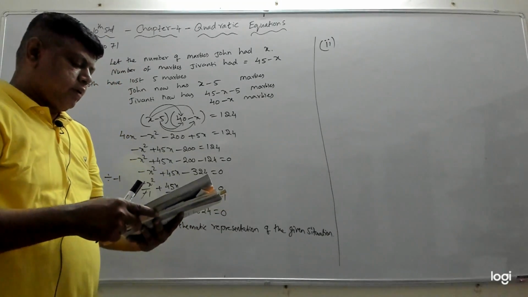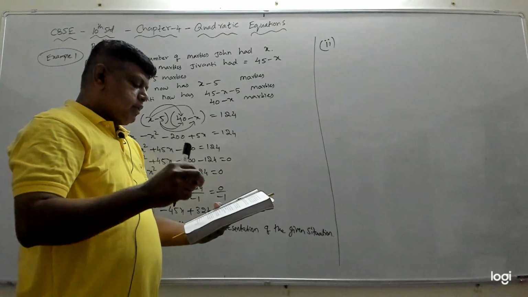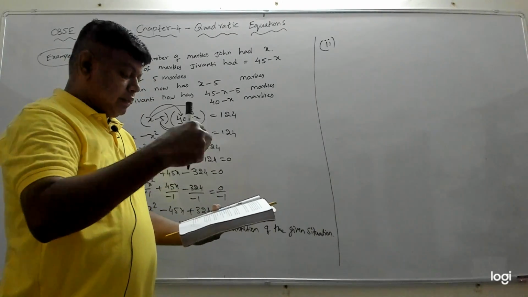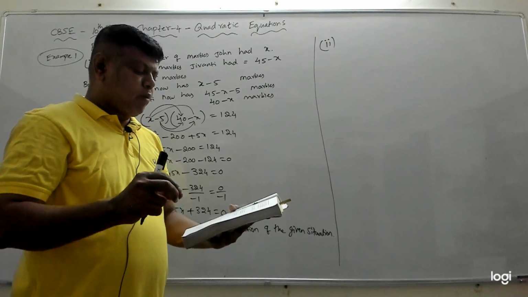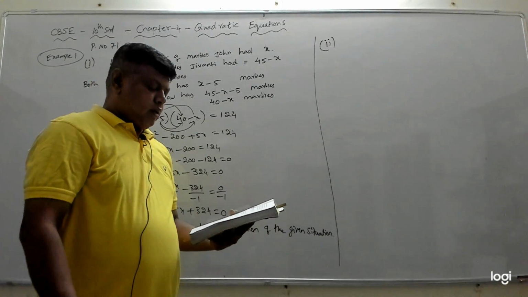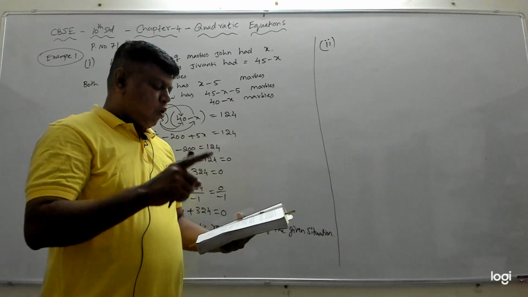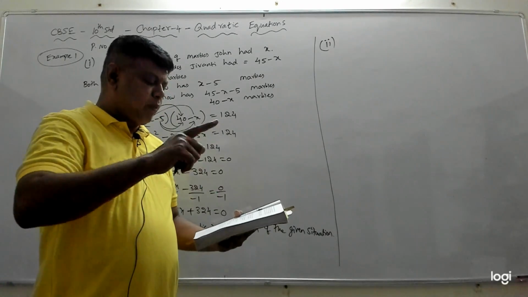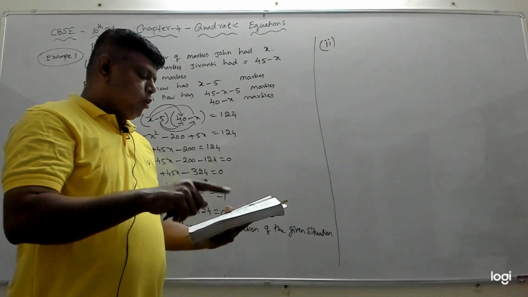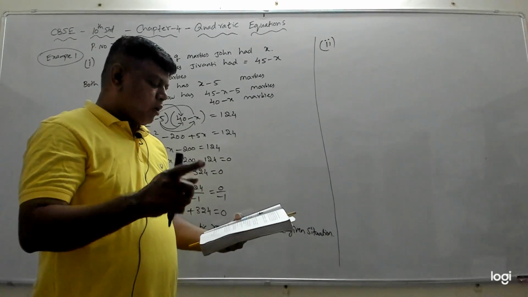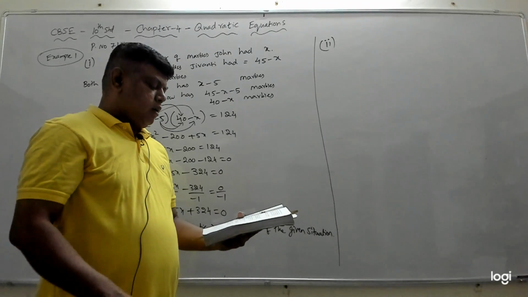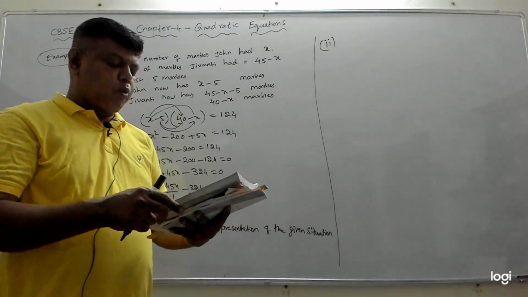I'm reading example 1, second subdivision: a cottage industry produces a certain number of toys in a day. The cost of production of each toy in rupees was found to be 55 minus the number of toys produced in a day. On a particular day, the total cost of the production was rupees 750. Now we'd like to find out the number of toys produced on that day.